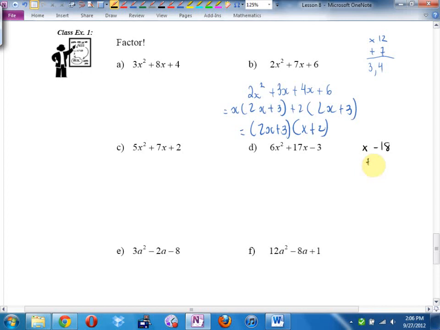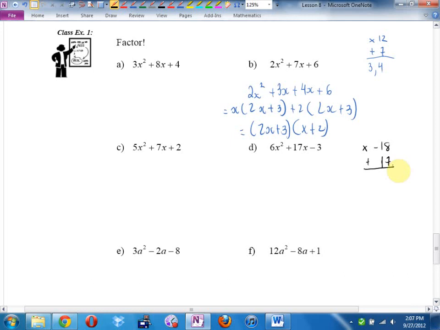And add to 17. What are two numbers that times to negative 18 and add to positive 17? Negative 18 and positive 1 adds to negative 17. I want to add to positive 17. I think you got the negatives mixed up. Negative 1, positive 18. Yes?